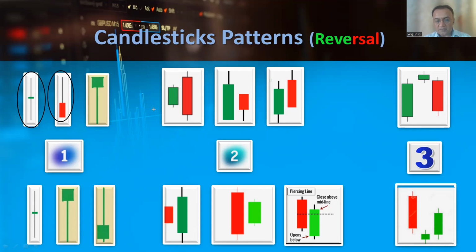Whenever price goes below the opening price, the candlestick turns red. So this is the opening price. Now price is going below the opening price, and the candle turns red.